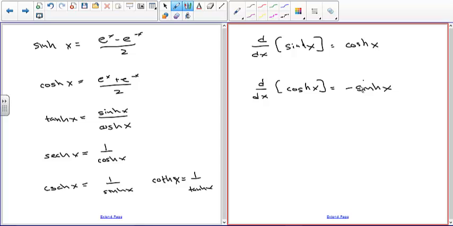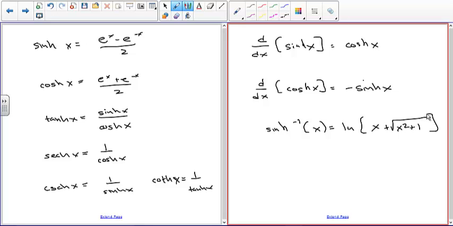When you deal with the inverse hyperbolic trig functions, I'll explain more later. This is just to show you something. The inverse hyperbolic function of x is equal to the natural log of x plus the square root of x squared plus 1. So that looks nothing like sines and cosines.